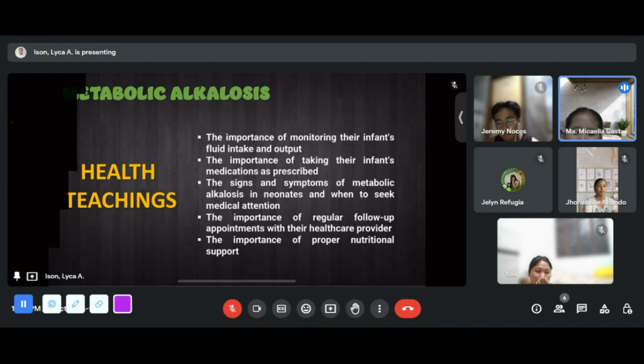So dito kailangan nilang sundin yung prescribe ng doktor kasi kapag hindi, parang mawawala yung bisa ng gamot. Ganun. The signs and symptoms of metabolic alkalosis in neonates and when to seek medical attention. The importance of regular follow-up appointments with their healthcare provider. The importance of proper nutritional support.